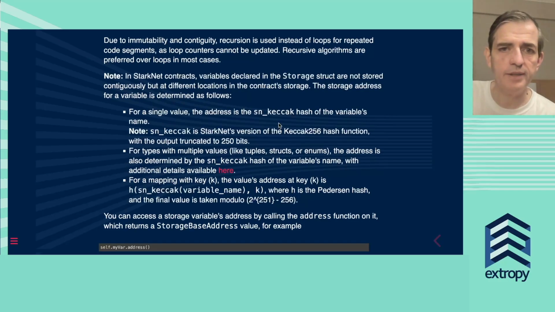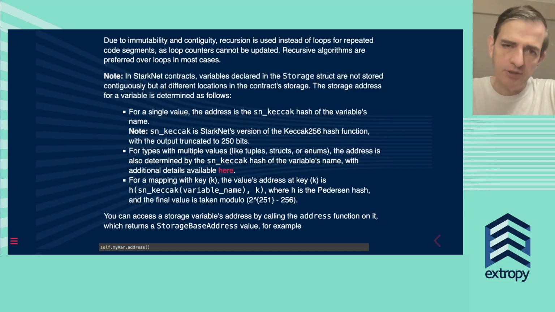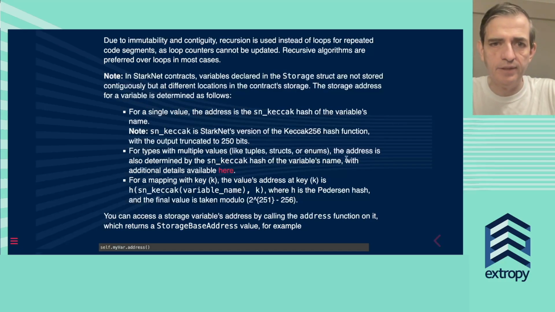For more complex values, such as tuples and structs, the address is determined by the hash of the variable name, plus some other details. There's a link there to details of how that is done. And then for mappings, where we have a key value pair, we take a hash of the variable name, and then a hash of that and the key, and then we take a mod value of that.